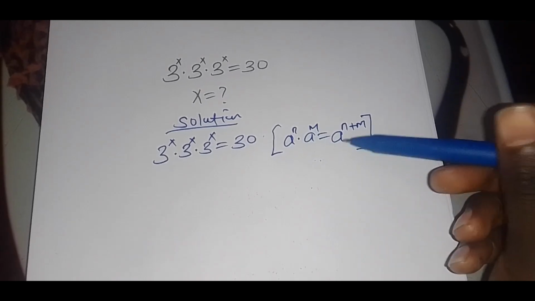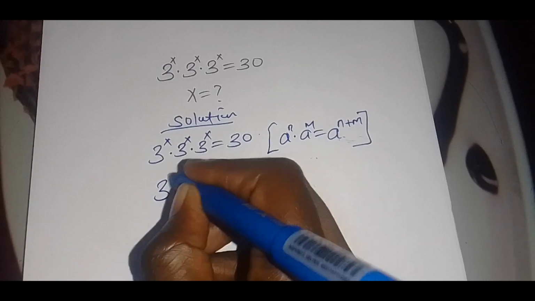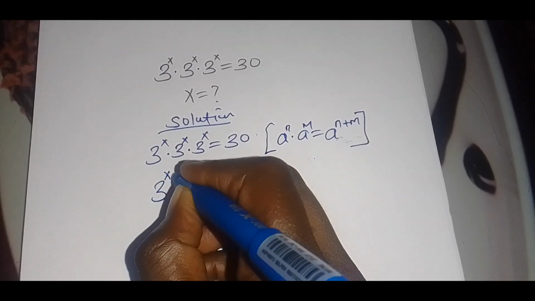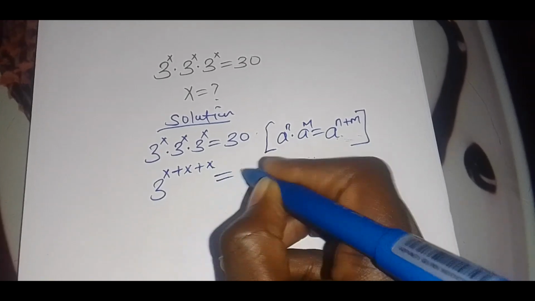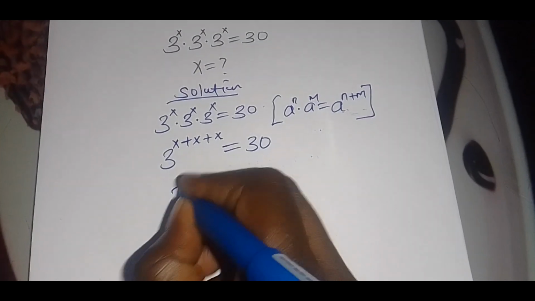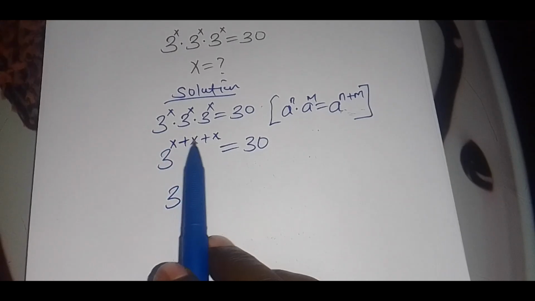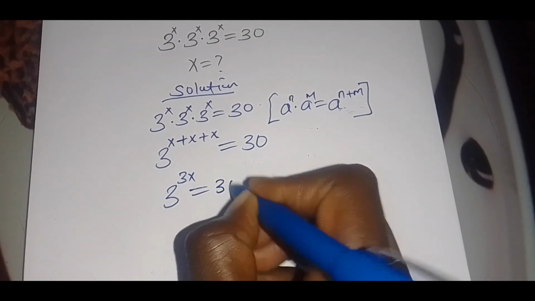Applying this identity, we have 3 raised to power x plus x plus x equals 30, so 3 raised to power 3x is equal to 30.